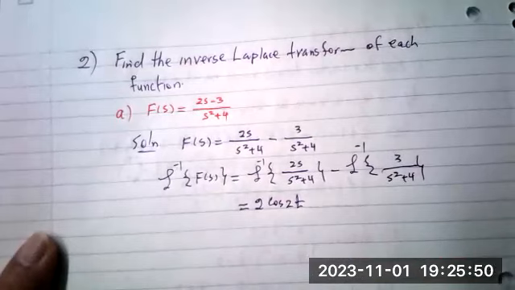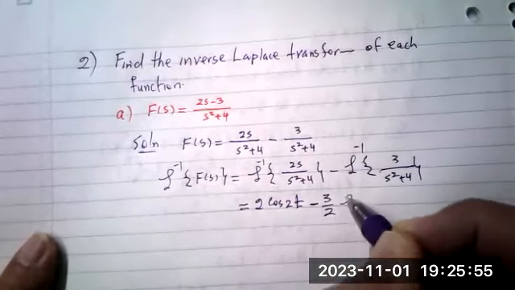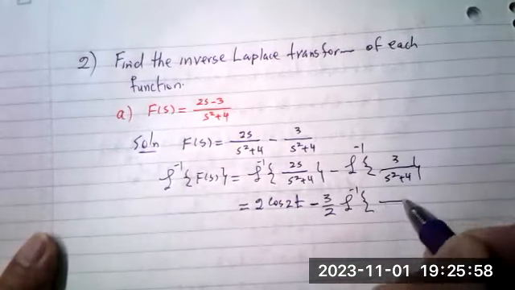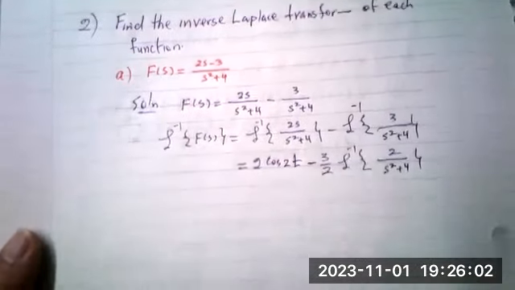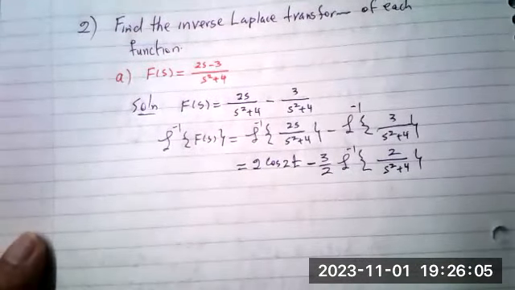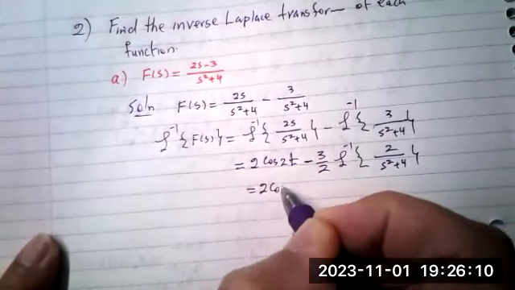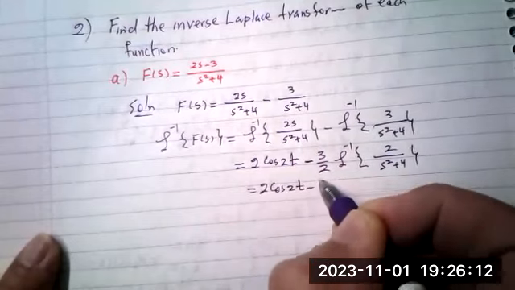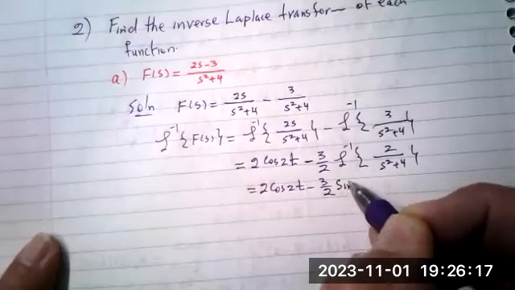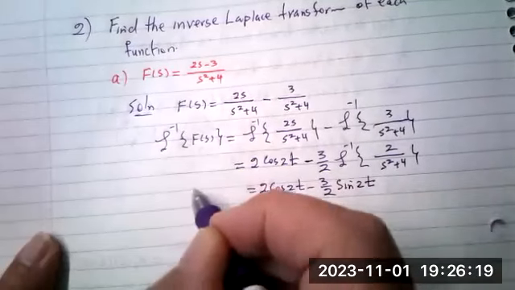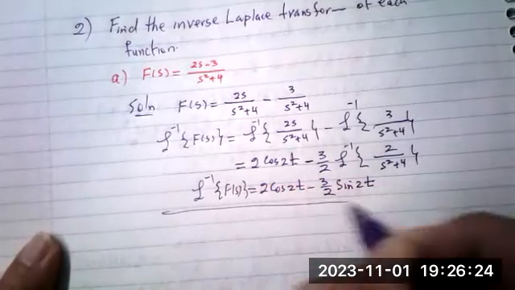You need a 2 on the top. So we create the 2 on the top, minus 3/2 Laplace inverse of 2 over s squared plus 4. It's like integration, it's a linear function, so we can move around the constant. So that gives you 2 cosine of 2t minus 3/2 sine of 2t, and you're done. That would be the Laplace inverse of F of s.